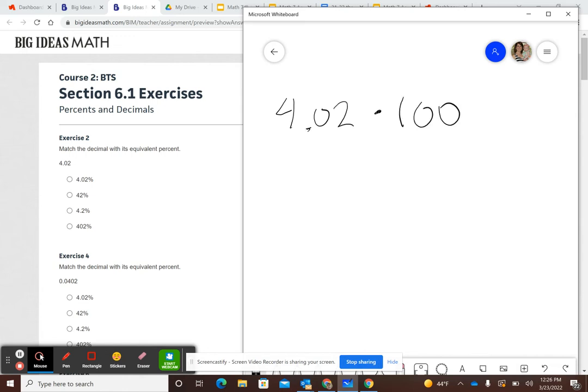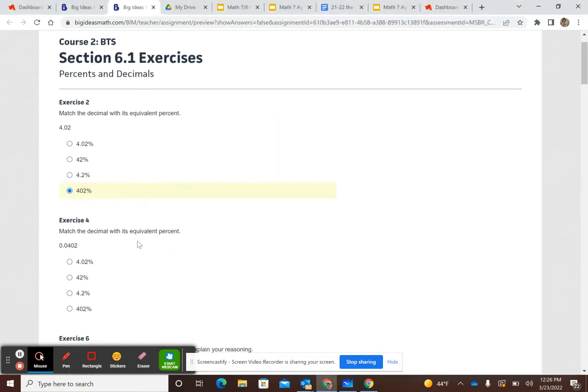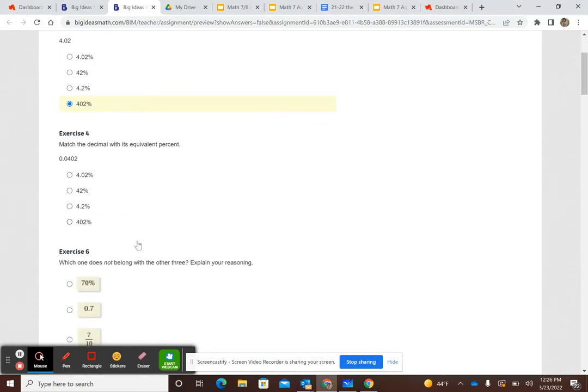Okay? If I multiply a number by 100, all I have to do is move the decimal two places to the right. So 4 and 200ths written as a percentage would be 402%. Okay, so that's if you're changing a decimal to a percentage. Sometimes, number 4, you're also matching a decimal to the percent.